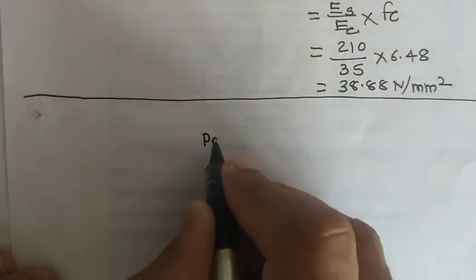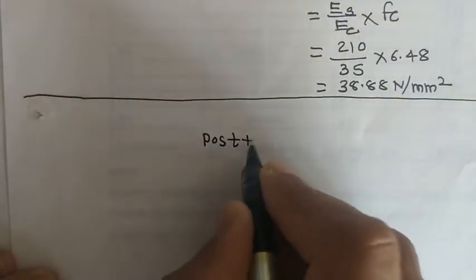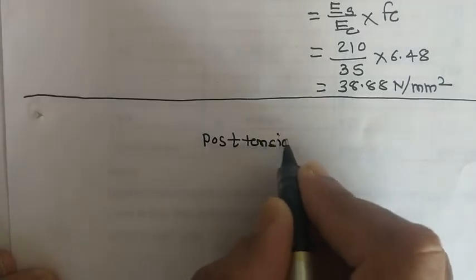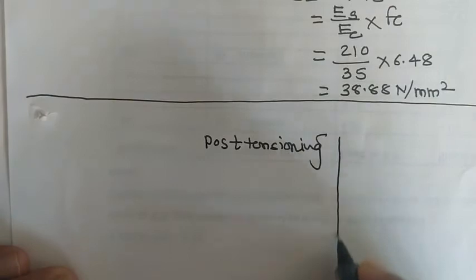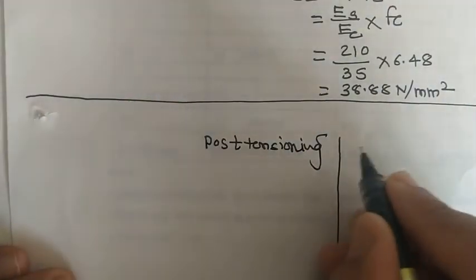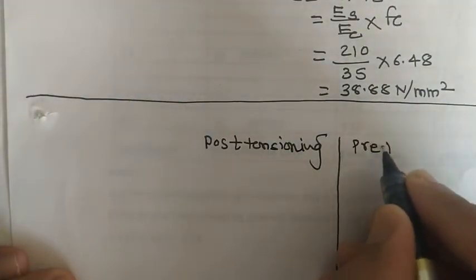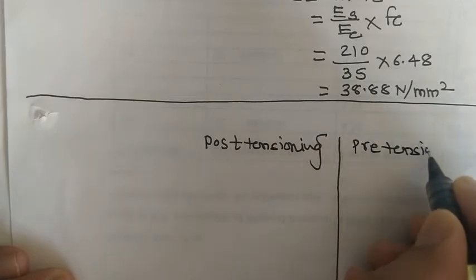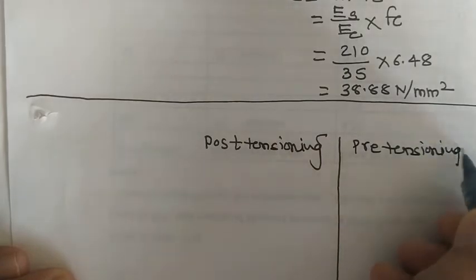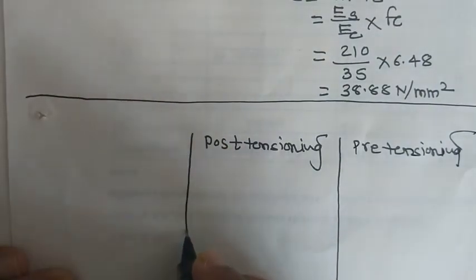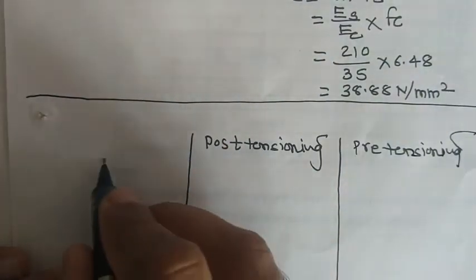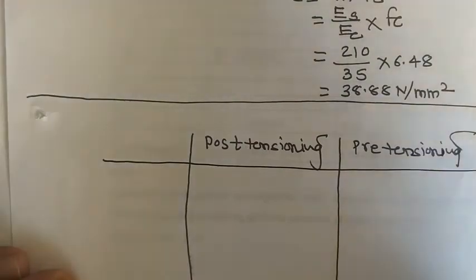First for the post-tensioning beam, and next is the pre-tensioning beam. I'll write down all the losses.